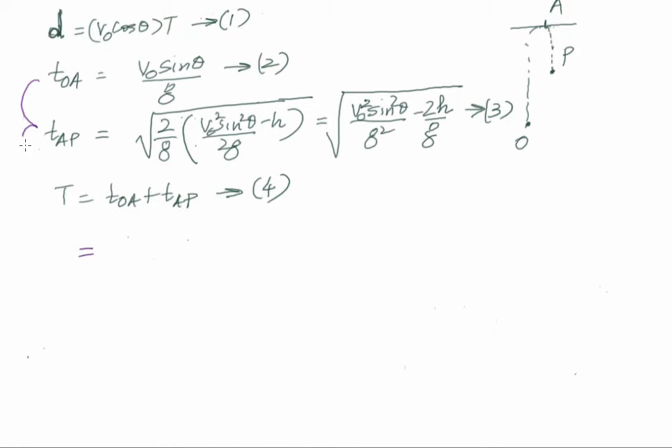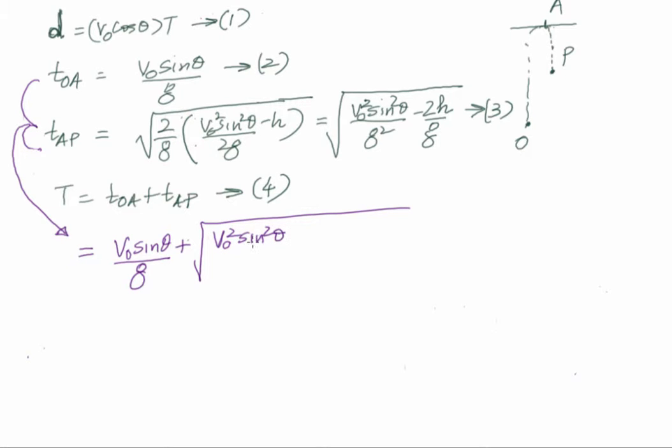That will be computed by substituting the values of TOA and TAP from equations 2 and 4, and that will be equal to v0 sin theta by g plus square root of v0 square sin square theta by g square minus 2h over g.